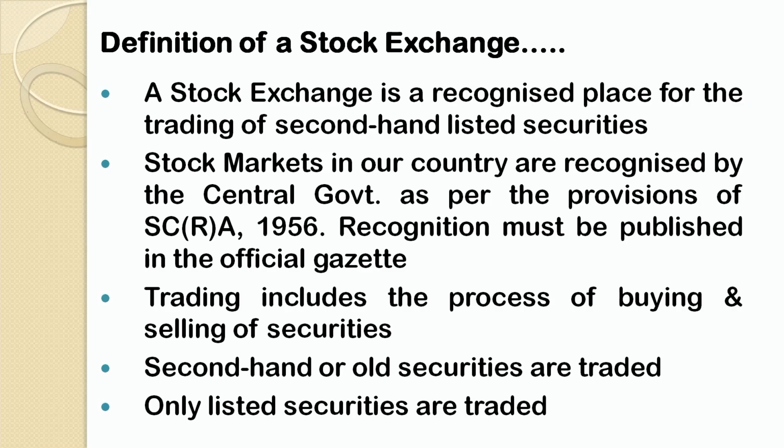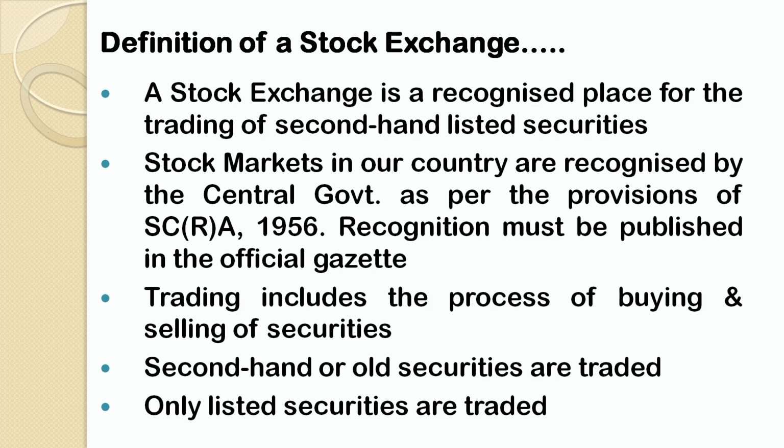Now, the stock exchanges deal with second hand and listed securities. All the securities which are listed or traded over the stock market are basically second hand securities. Why? Because all such securities are already offered in the primary market. When the companies offer their securities in the primary market, at that point of time those securities are fresh securities or new securities.